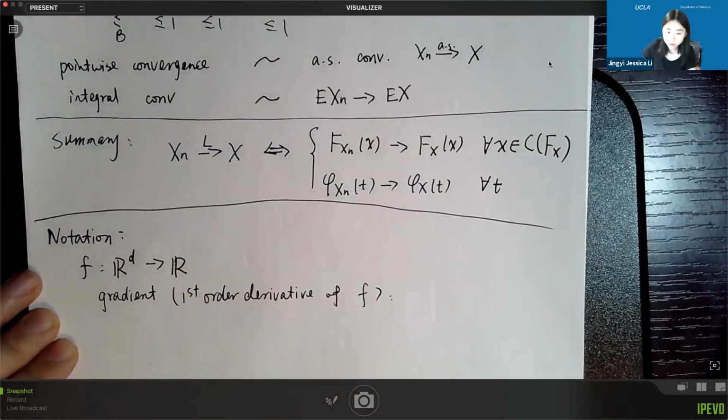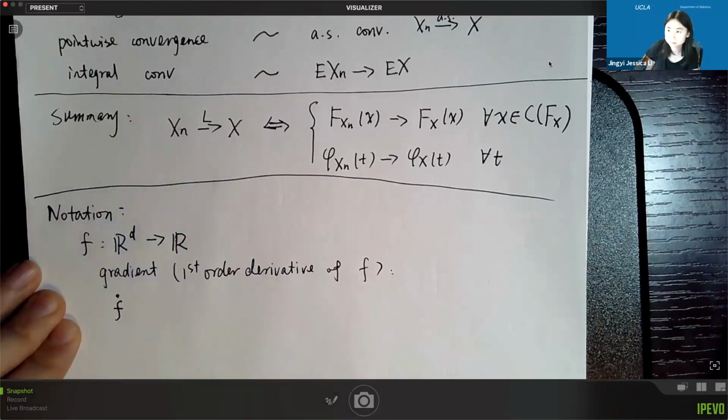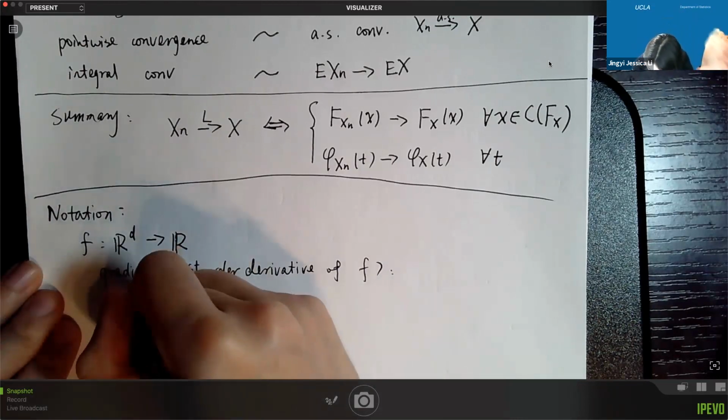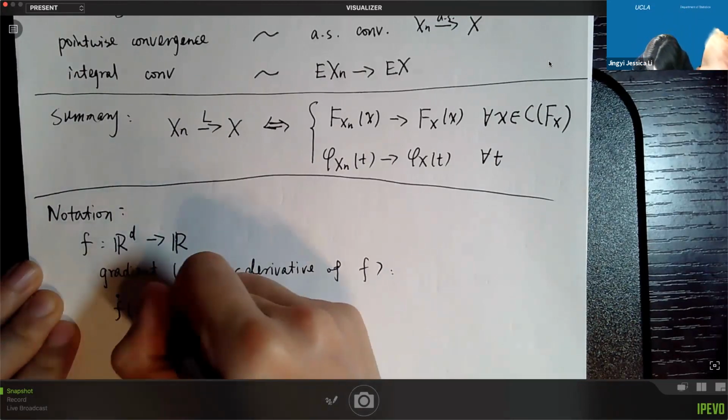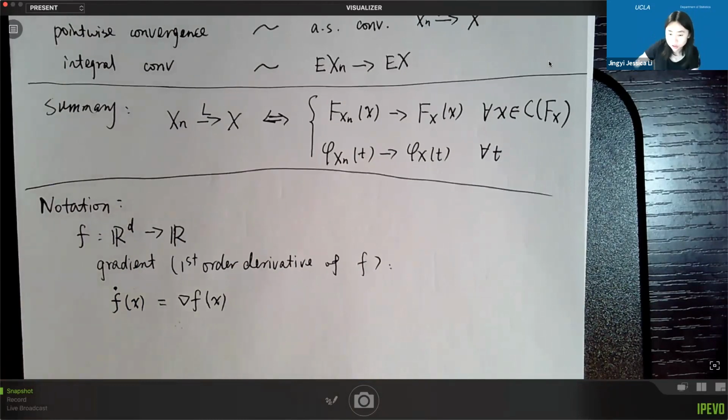In the notes, we use the notation f dot, but please note that you may also see that triangle symbol. This is another notation that's frequently used. Here I just want to make sure that in our definition in the notes, the gradient is defined as a row vector instead of a column vector. Every textbook needs to define this in the beginning, because some books use a column vector by default, some a row vector.